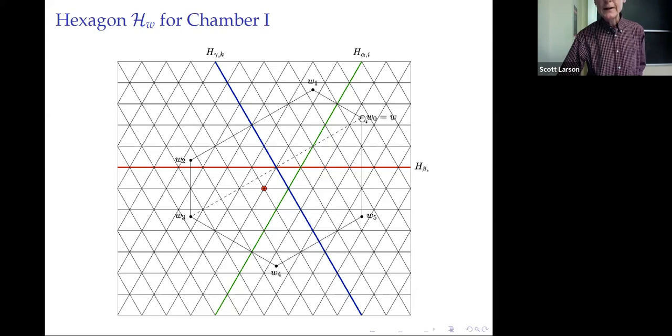In any event, this vertex and the diametrically opposite vertex differ by a multiple of a root. That's not true for W1 and the opposite vertex W4. If you go down via the root alpha 2, you hit this edge in the middle of the edge here. That's also not true for W2 and W5. If you go across a root string with W5, you hit this edge up here.